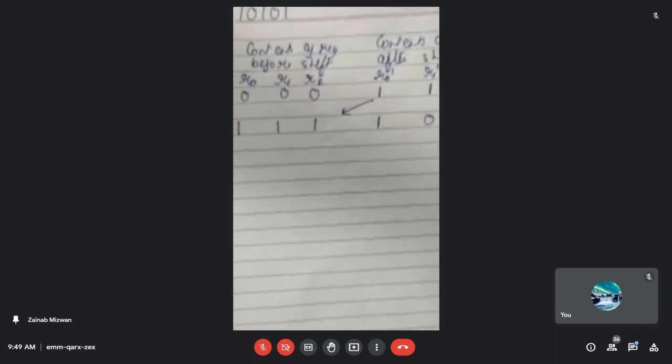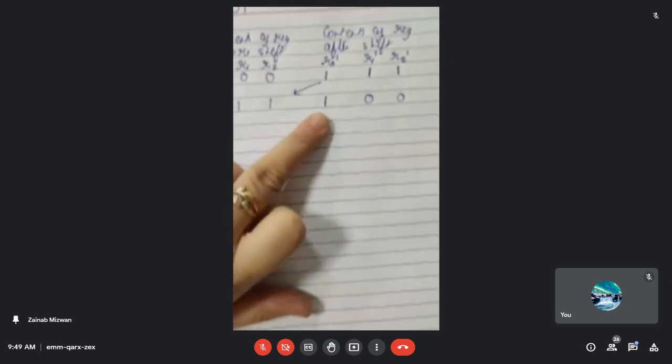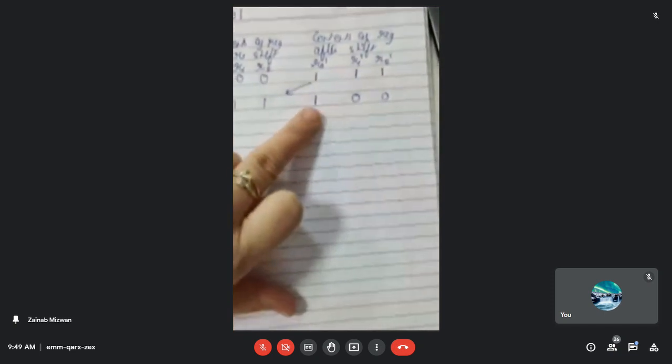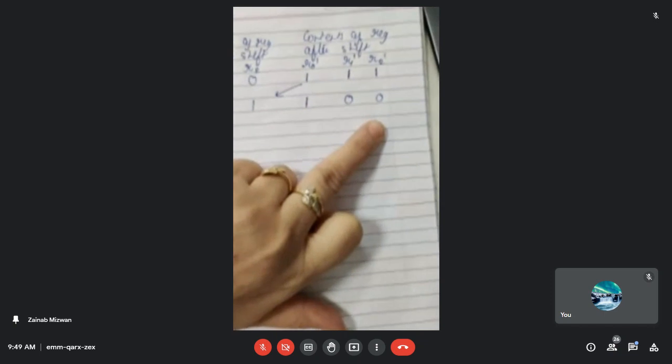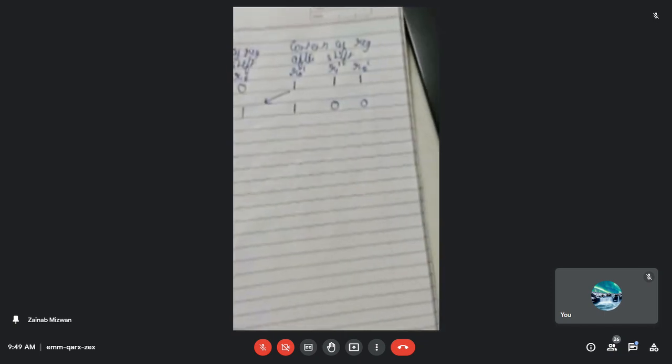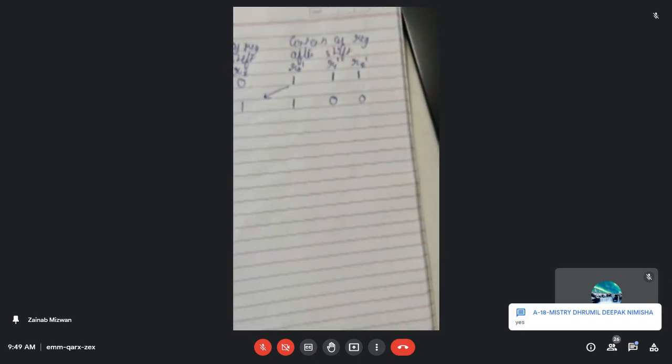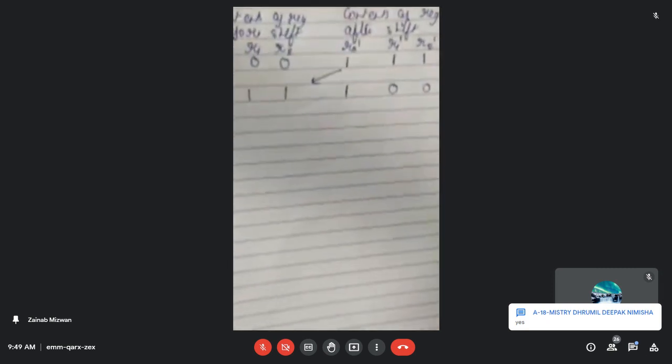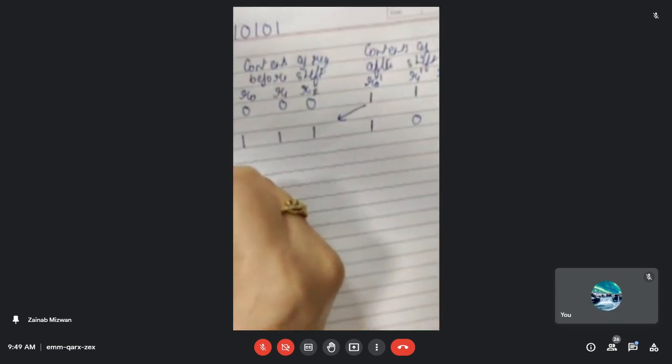So when the second bit is sent, R0 dash, R1 dash, R2 dash will be 1, 0, 0. All of you are getting 1, 0, 0 for this? Yes, ma'am. Okay, fine.